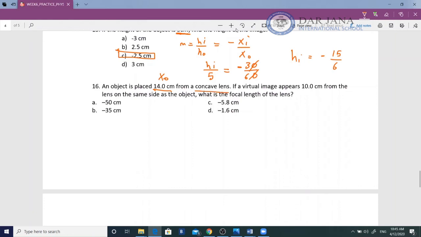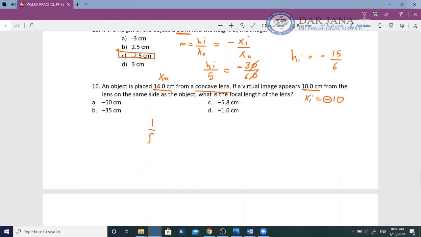You have to remember that the focal length would be negative since it is a virtual image. When we see a virtual image, xi is negative 10. You have to be careful with this, because if you put it plus, you will get a different answer. It's on the same side, so the left side of the lens is the virtual side.